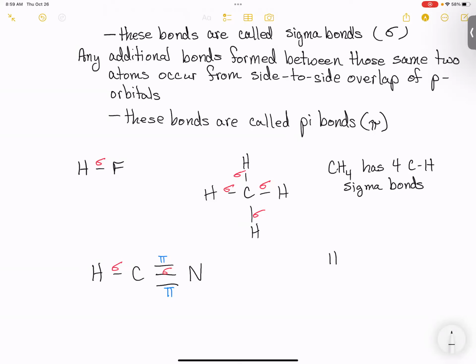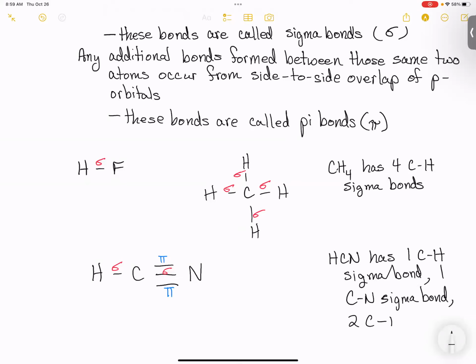Hydrogen cyanide has 1 CH sigma bond, one CN sigma bond, and 2 CN pi bonds.